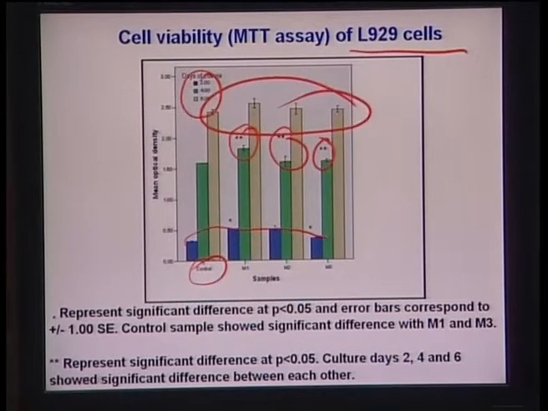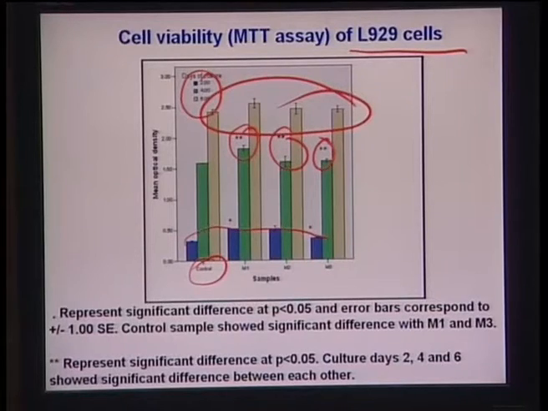So what I am trying to emphasize here is that by varying the fluorine content, you do not compromise much on the biocompatibility or cell viability property, because you see similar MTT OD values, that is optical density values, after 2 days, 4 days and 6 days, with some cases having statistically significantly different values.